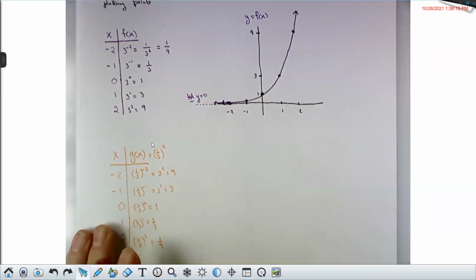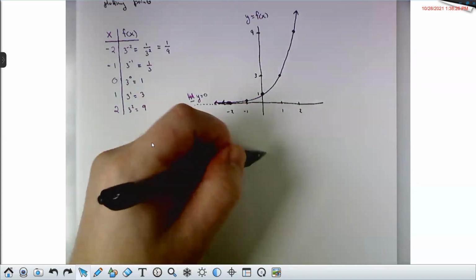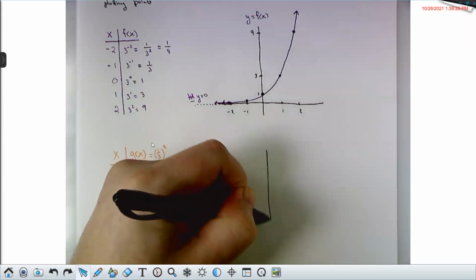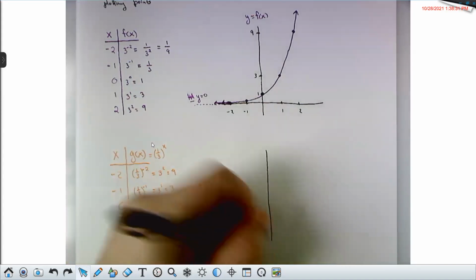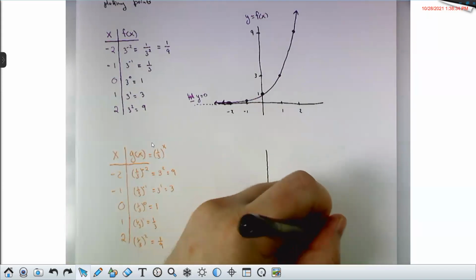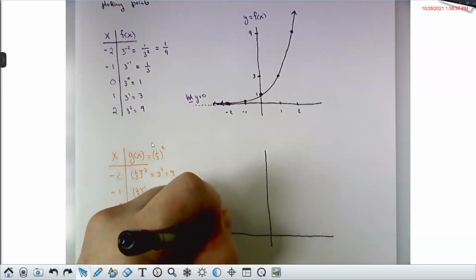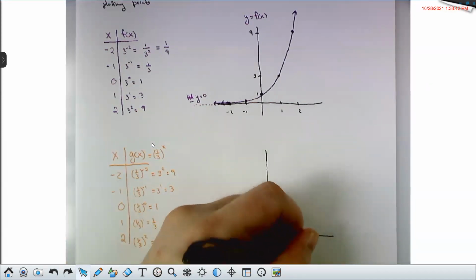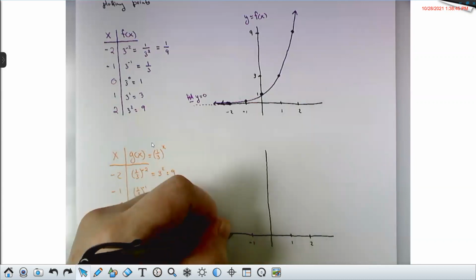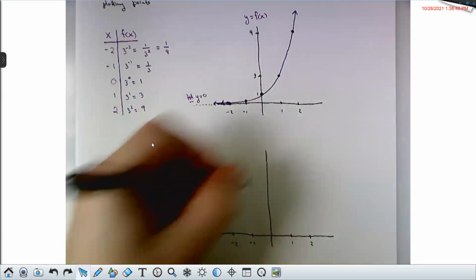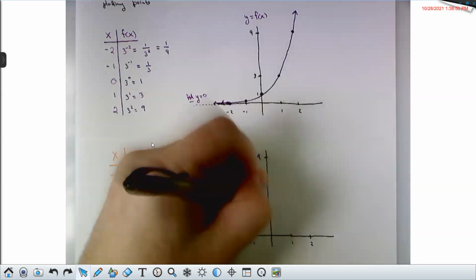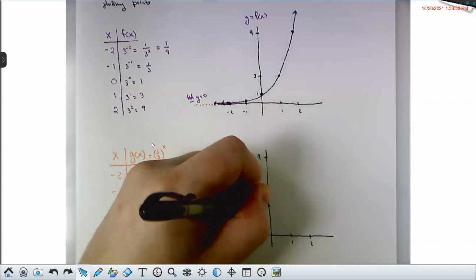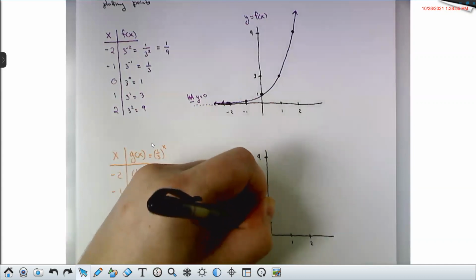And now on a similar size axis here, I'm going to attempt to draw the graph of g. Okay, we'll call this 1 and 2 and -1 and -2. We'll call this 9, which makes this 3, which makes this 1.